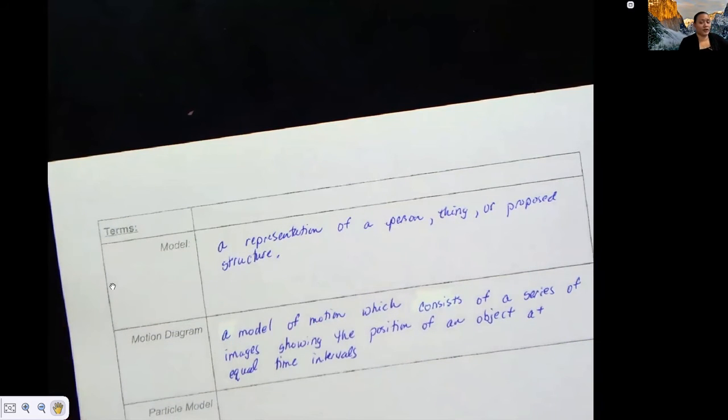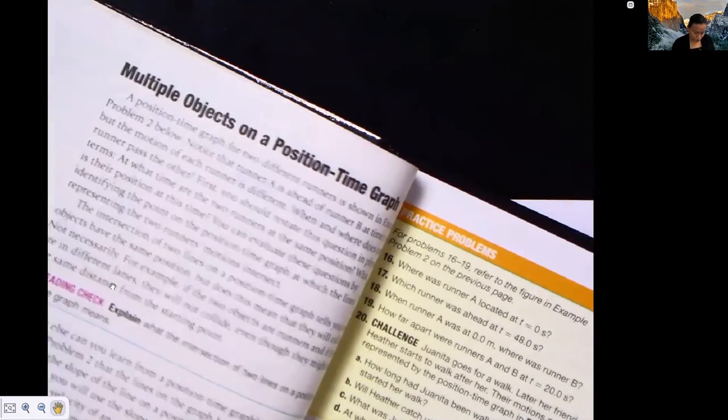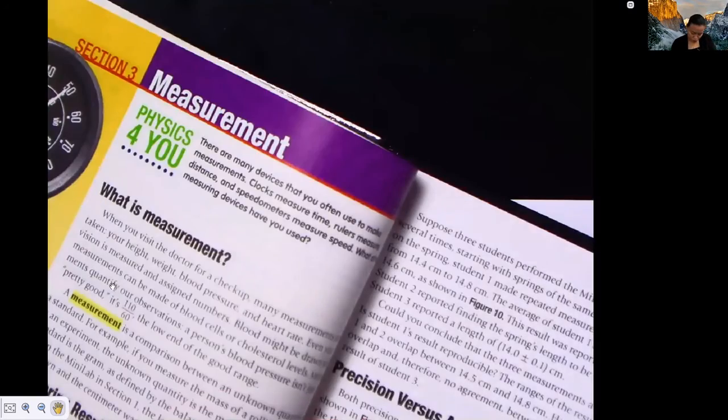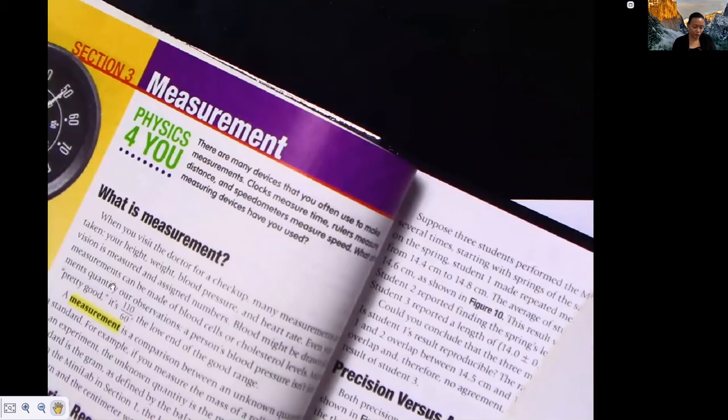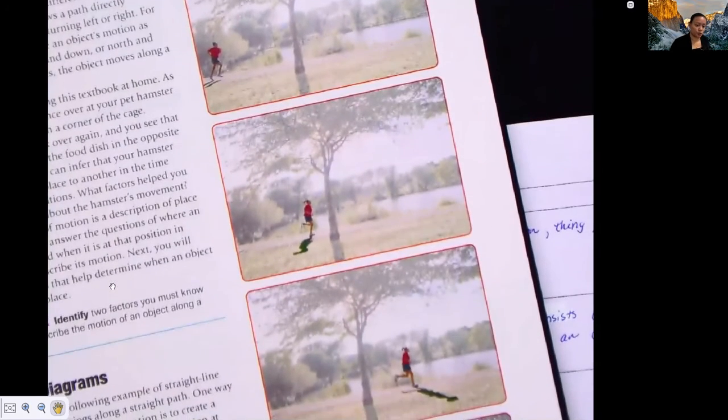Okay, so for example, grab your book. This is in chapter 2. If we're looking at these images right here, these are pictures that are taken of a person that is running.